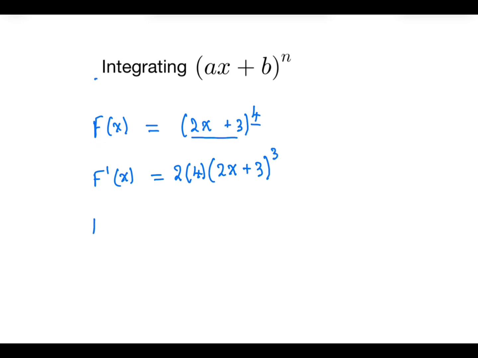So the derivative f prime of x is equal to 8 into 2x plus 3 all to the power of 3. Now, what does it imply?